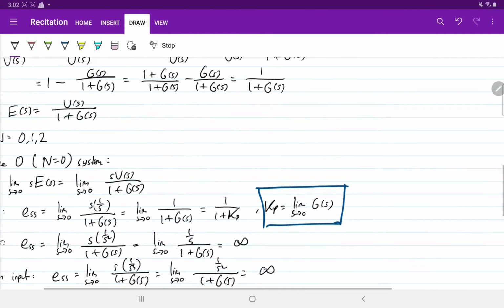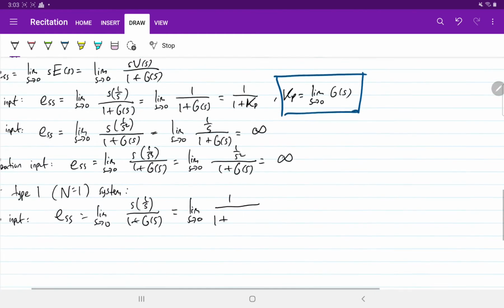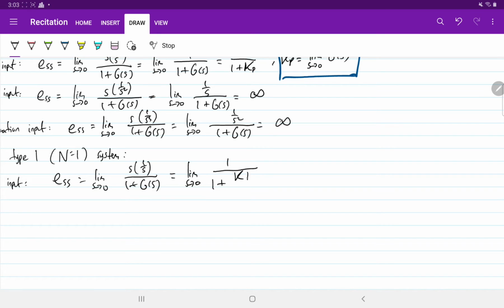Let's see here that for a type 1 system, g of s has the following structure: the polynomial on the numerator over s times the polynomial on the denominator, which gives limit s to 0 of s over s plus kp, which is 0.